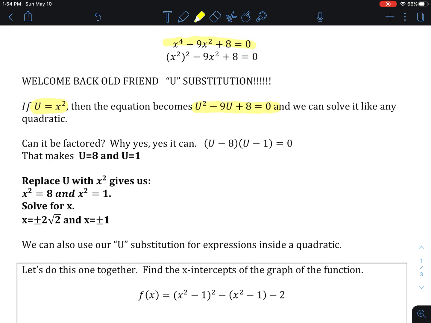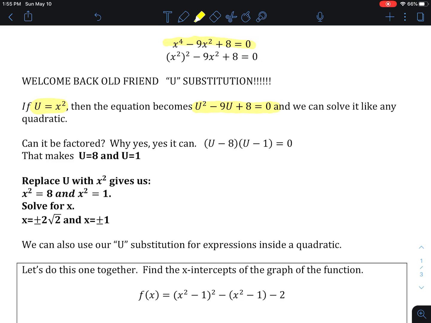I just want to remind you of the different methods we've used: all of those different factoring methods for quadratics, completing the square, and the quadratic formula. These are the ways that we solved quadratics in the past. The hierarchy, at least in my decision-making process about what method to use, is generally I start to see if it can be factored.